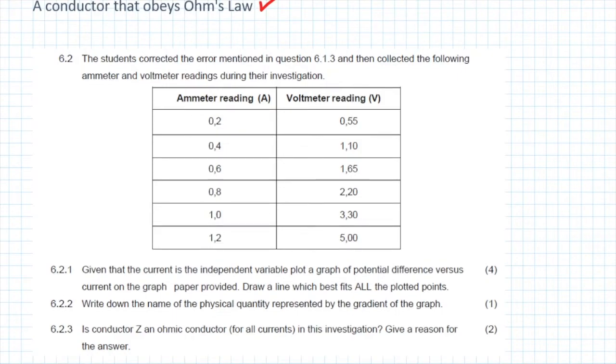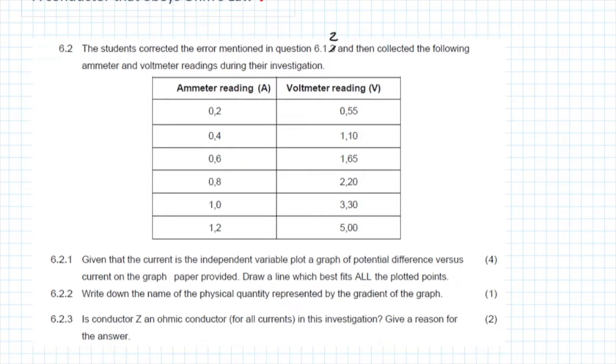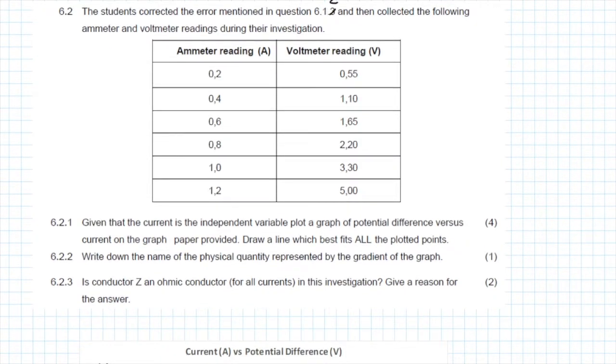It says the students corrected the error mentioned in question 6.1.2 and then collected the following ammeter and voltmeter readings during the investigation. So we have a whole lot of readings and then we go on to 6.2.1. It says, given that the current is the independent variable, plot a graph of potential difference versus current on the graph paper provided.